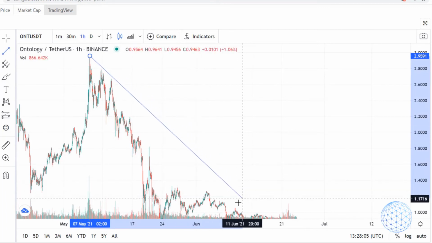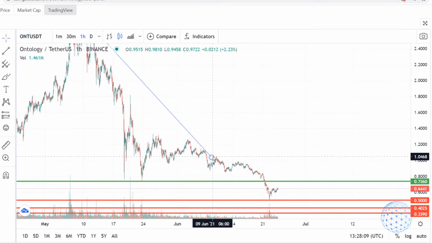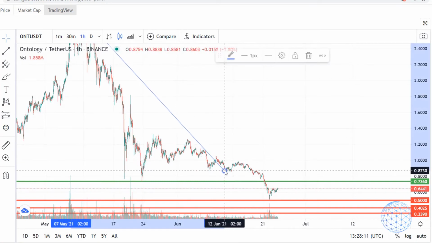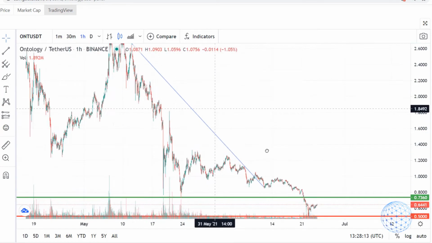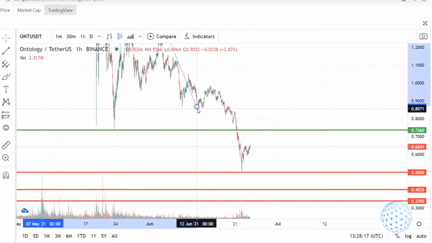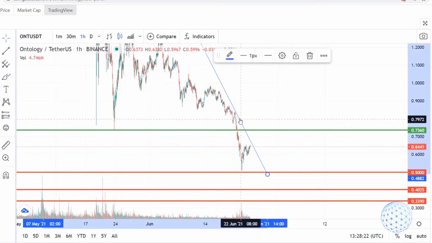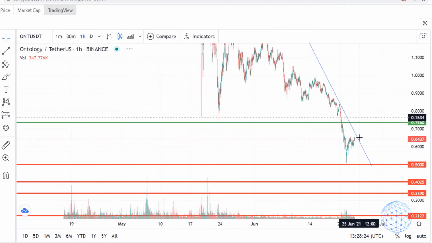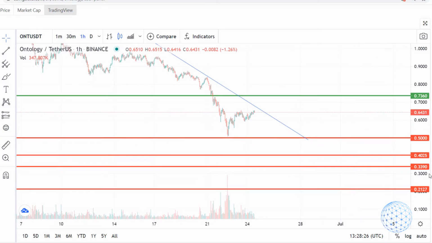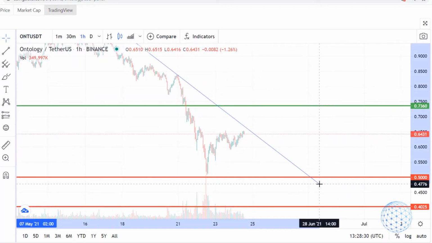And here it is. This was the initial one, okay, but you see that the price broke it and then it continued lower. So the new trend line that comes from the top goes through this high, okay, this recent high that we had before the drop. And let me draw it very precisely.